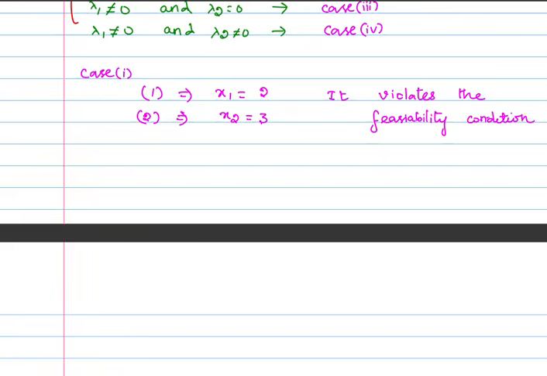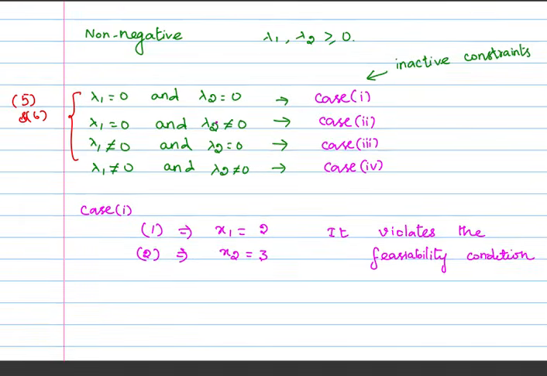That means our case 1 does not work. So case 1 is not correct, and I will mark it as not working.